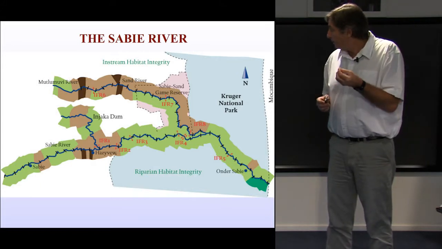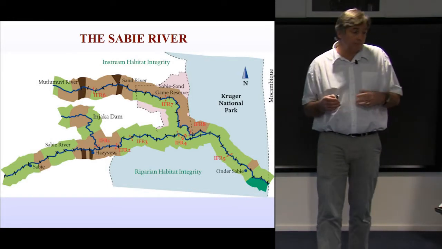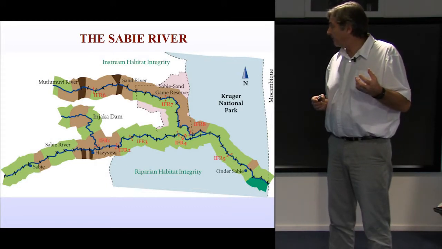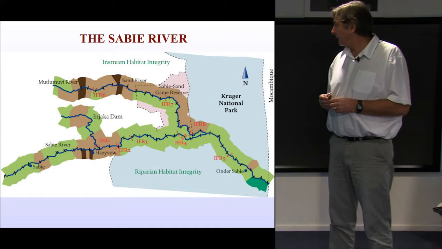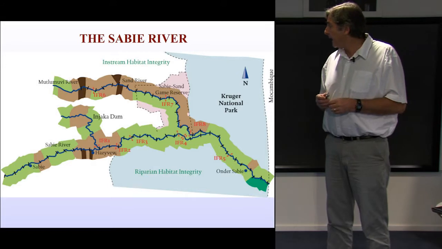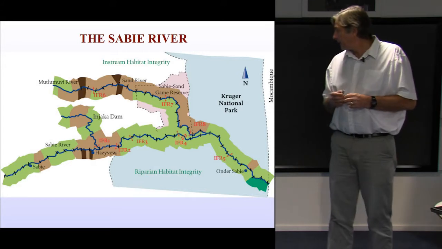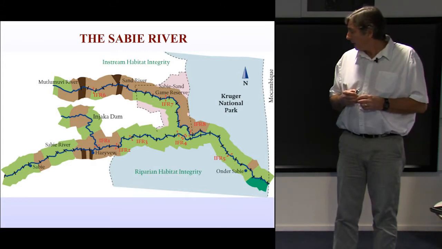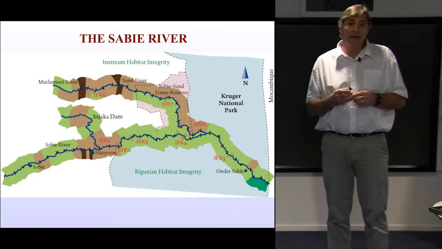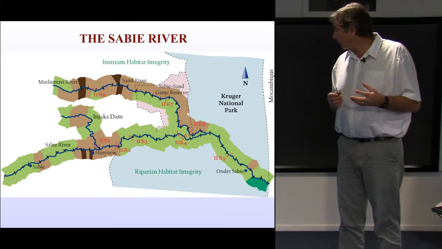And the greener, the more natural it is, and the browner, the more modified and degraded, both in terms of the in-stream habitat integrity, the in-channel integrity, which is the colours above the river channel, and in terms of the riparian habitat integrity, which are the colours below the river channel. And what you can see there is that there's only one part of the riparian habitat which is still in a completely natural condition down near the Mozambique border.